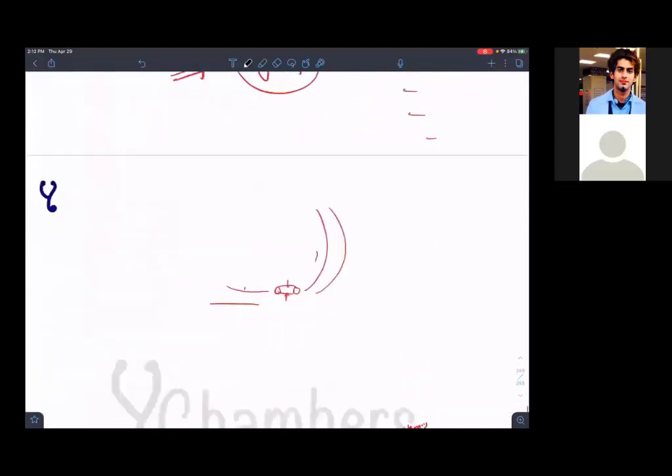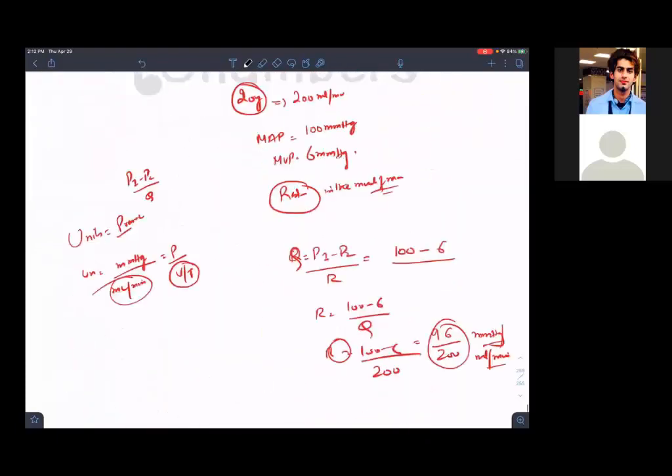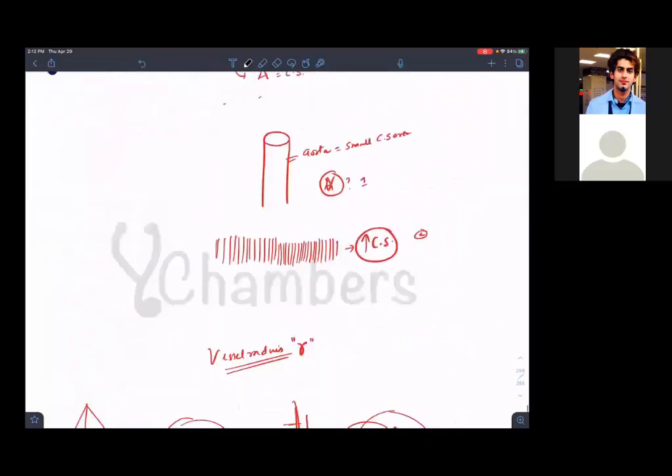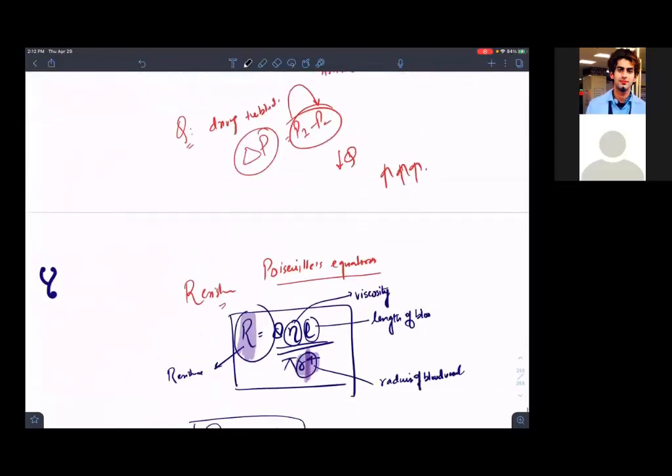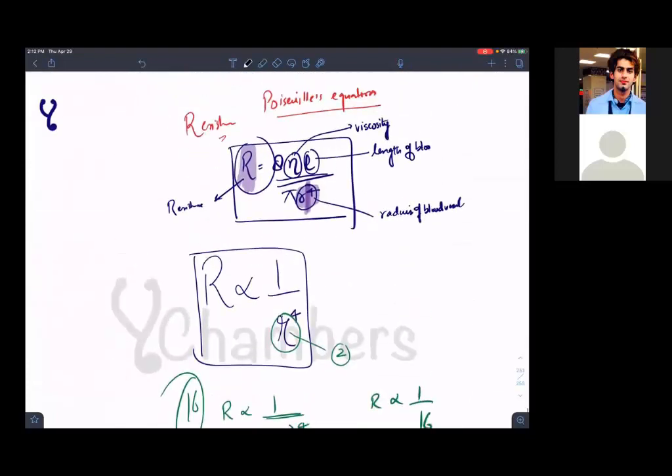Who increased the viscosity? Where is that equation? Where did I write that equation? Poiseuille equation. Remember a concept. If there is anemia, meaning decrease in the total count or hemoglobin, what will happen? Will the viscosity increase or decrease? It will decrease. Viscosity will decrease.